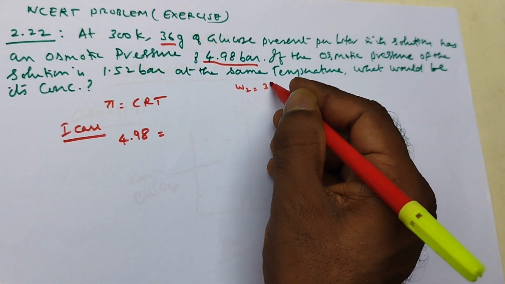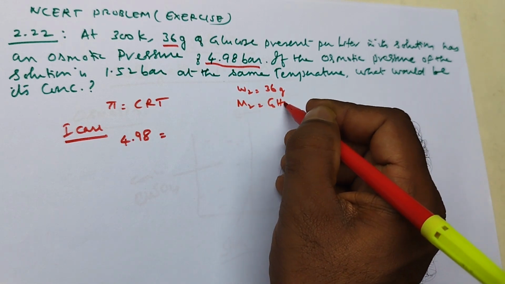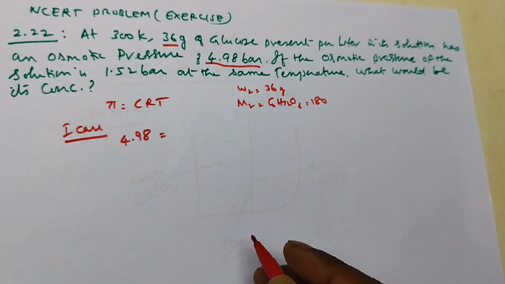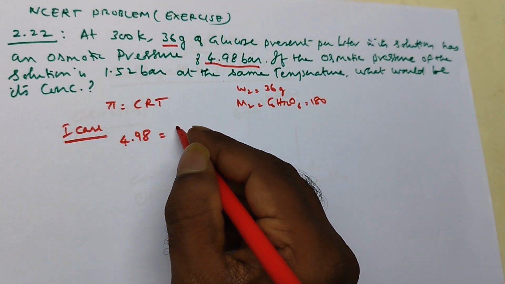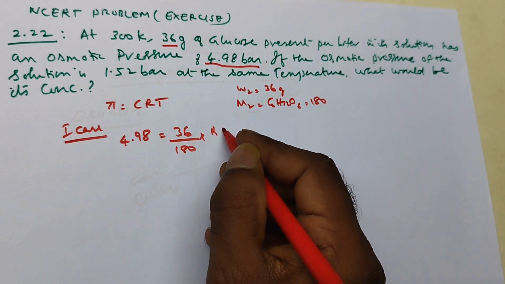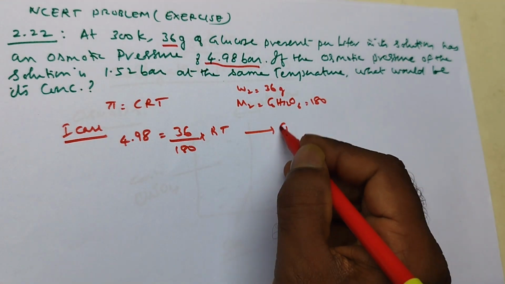W2 is 36 grams. M2 is glucose C6H12O6, that is equal to 180. And that's all. These values are given here. So 36 divided by 180 into RT. The volume is 1 liter, so you don't want to express this one. Okay, in this case, this is the first case.